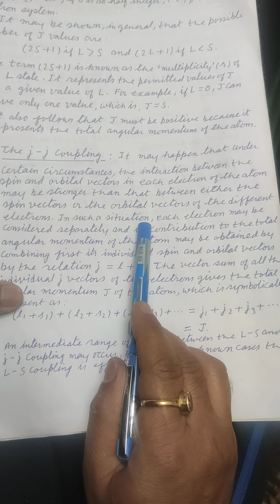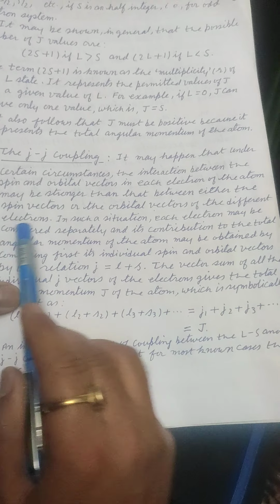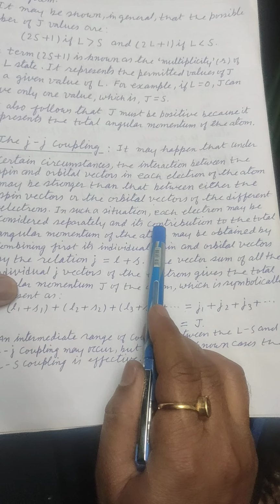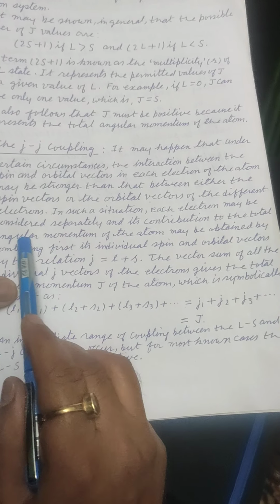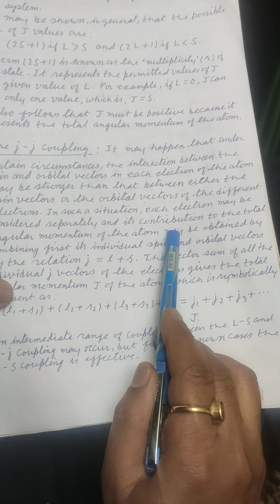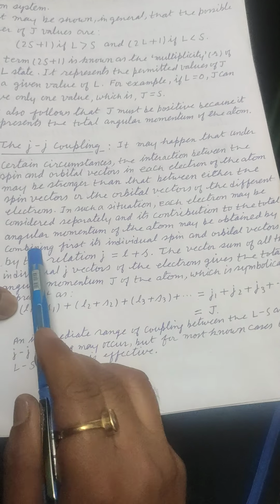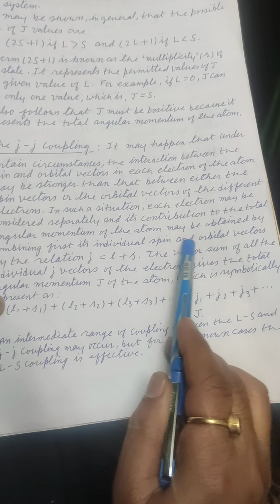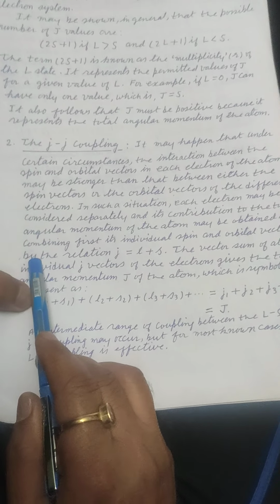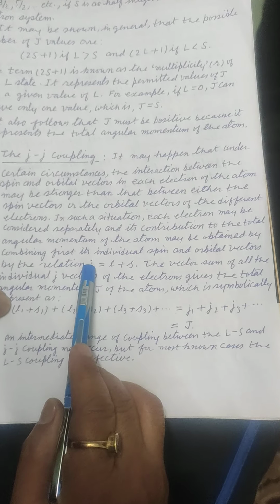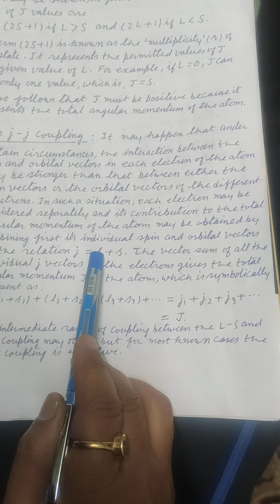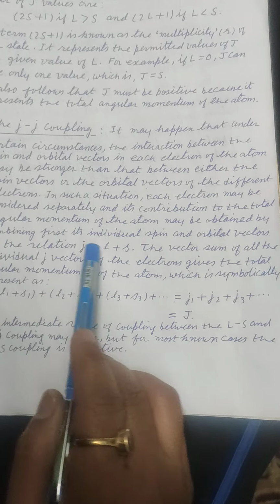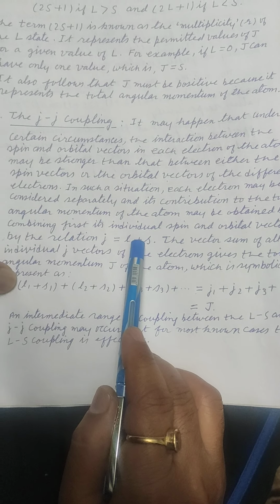In such a situation, each electron may be considered separately, and its contribution to the total angular momentum of the atom may be obtained by combining first its individual spin and orbital vectors by the relation j equal to small l plus small s. This is the relation for a single electron.